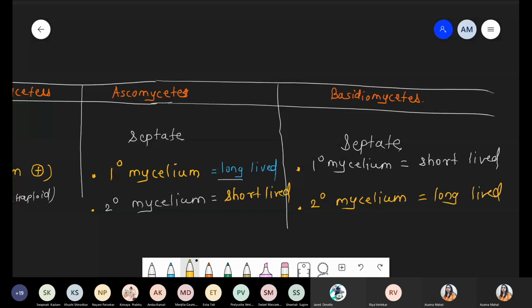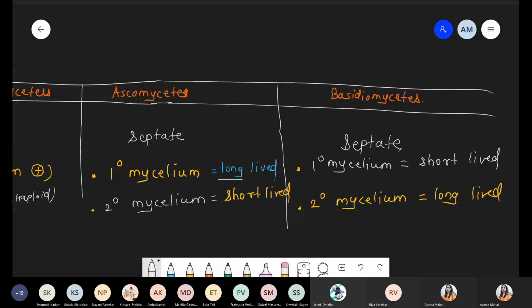Primitive organisms, that is Oomycetes, Zygomycetes, have the aseptate, while Deutero, Asco, Basidio have septate. Is this any hard level question? मान लो कि 4-5 question hard level के, and that question is coming from the fungus. So it might be possible they ask about primary mycelium, these are long-lived in case of Ascomycetes, and the secondary are short.